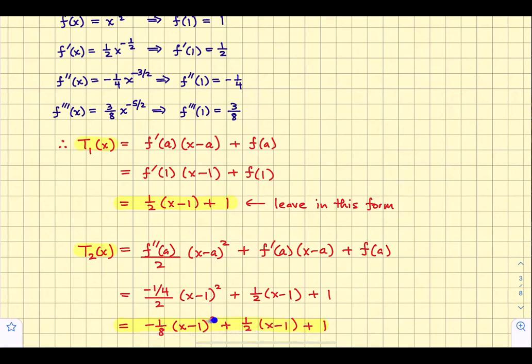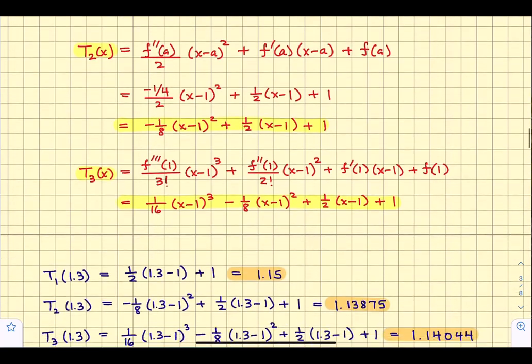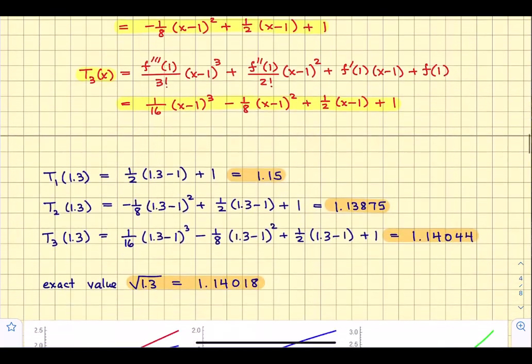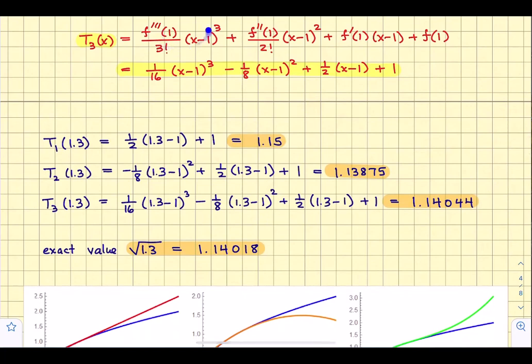Let's do it for one more. For T3, we have f triple prime at 1 over 3 factorial times x minus 1 cubed, plus f double prime at 1 over 2 factorial times x minus 1 quantity squared, plus f prime at 1 times x minus 1, plus f at 1.